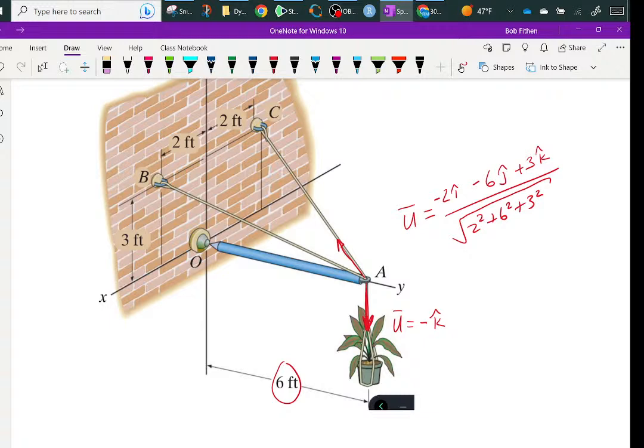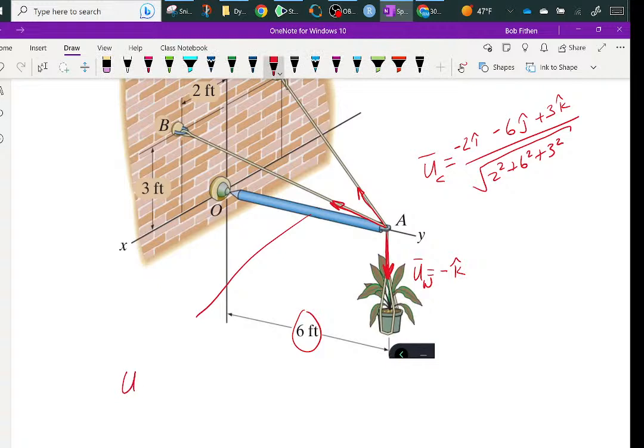Okay, so if I do this same thing on that vector, this would be unit vector. I'll call this C, W, and I'll call this one B. The unit vector going back to B from the ring there, or whatever A is, would be, let's see, this time I'm going plus 2I minus 6j plus 3k.